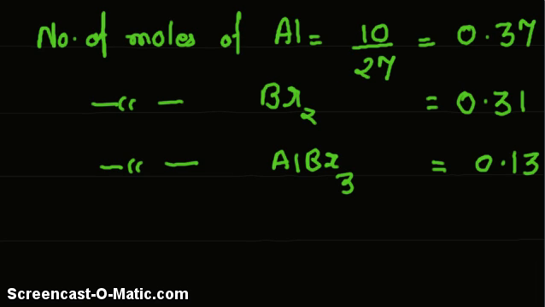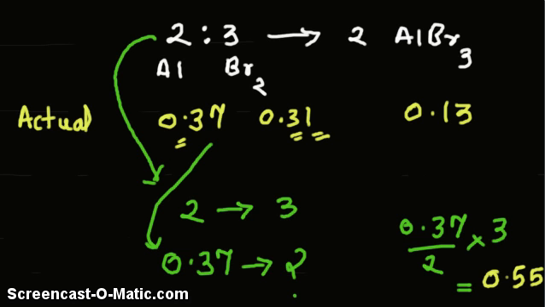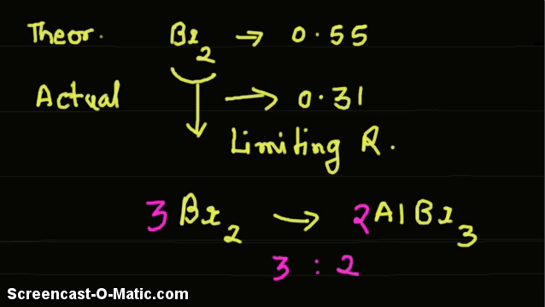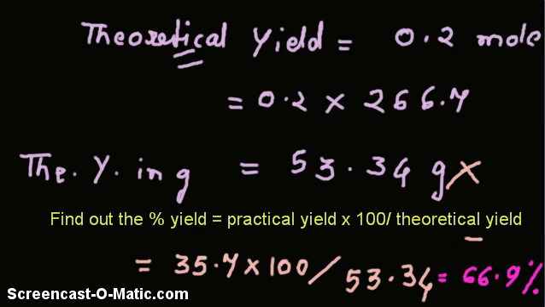So first we found the number of moles, then we found the theoretical number of moles of the product, then using that we found the theoretical mass in grams, compared that with the actual mass of the product formed, and found the yield percentage.